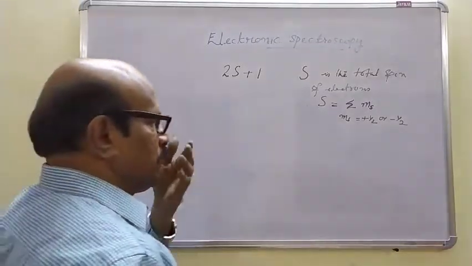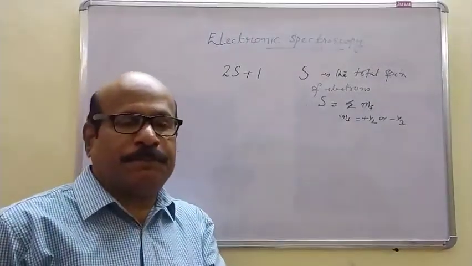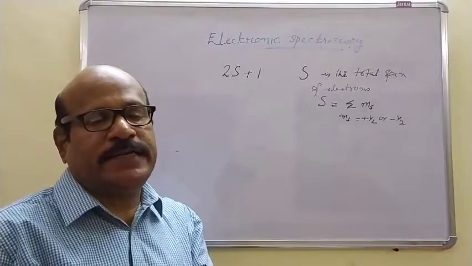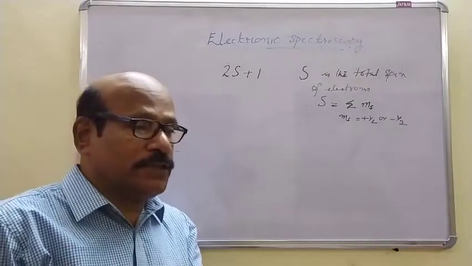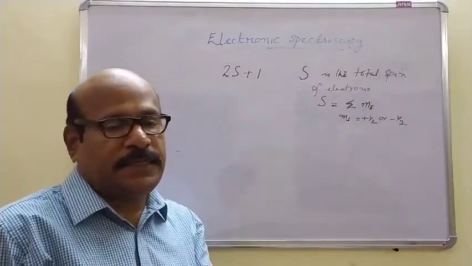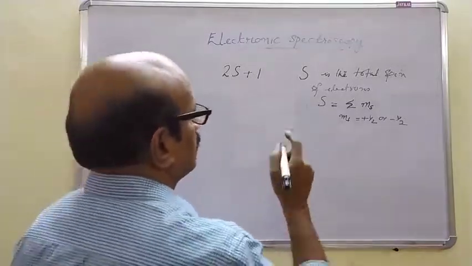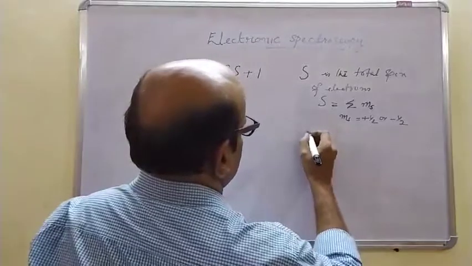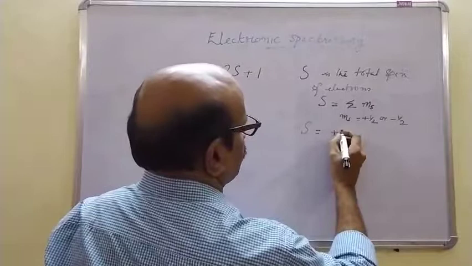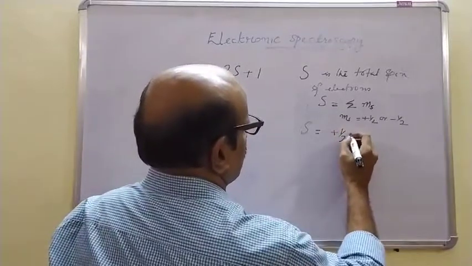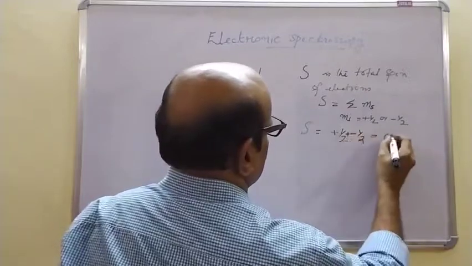In the case of a species in which the electrons are paired, that is, a molecular system in which all the electrons get paired in particular energy levels, S is equal to plus half plus minus half, that is equal to 0.